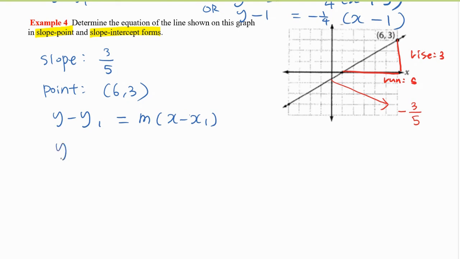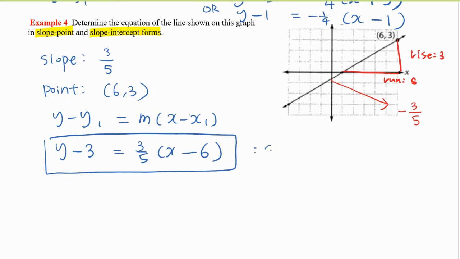Then y minus 3 equals m, which is 3 over 5, x minus 6, right? Okay, so this is the slope point form.